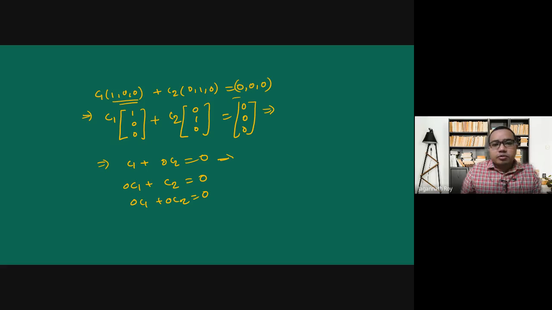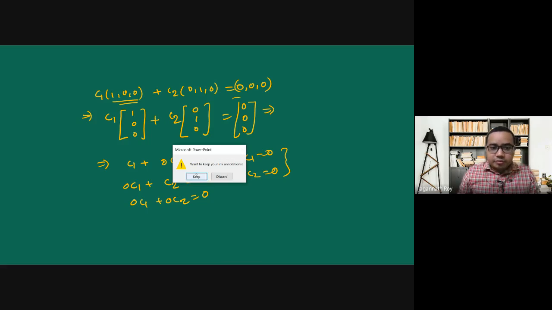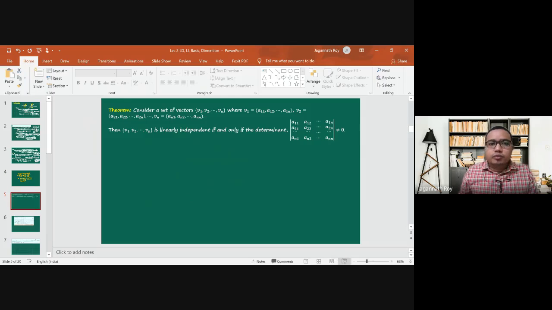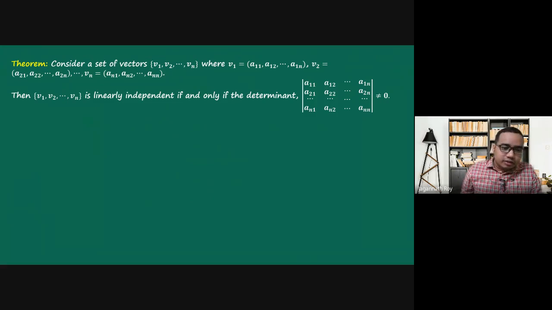So this will give you C1 equals 0, and this will give you C2 equals 0. So they are linearly independent. Any subset of the linearly independent set is independent. Okay, so let us move to the next theorem.